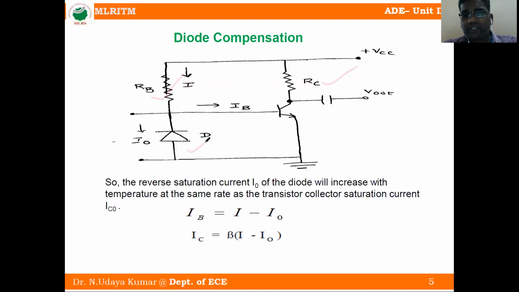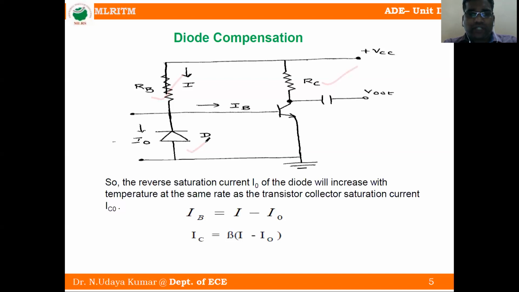If IC naught increases, heat increases, and the transistor may burn or be damaged. So to compensate for the increased IC naught, we connect a diode across the base and emitter terminals.